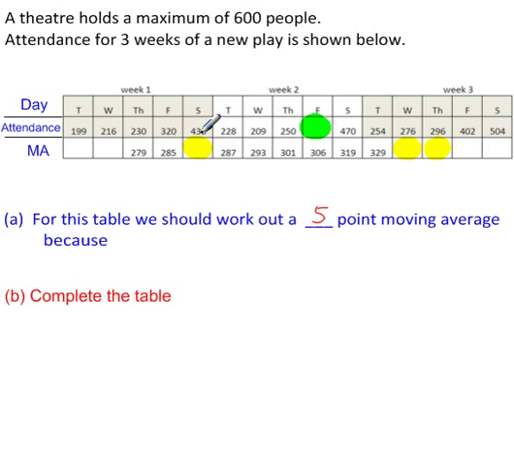To work out this moving average value, using 5 data points from this row, the moving average value is always in the center, which means we need to use these 5 data values. If we work out their average, we'll get the moving average value here.